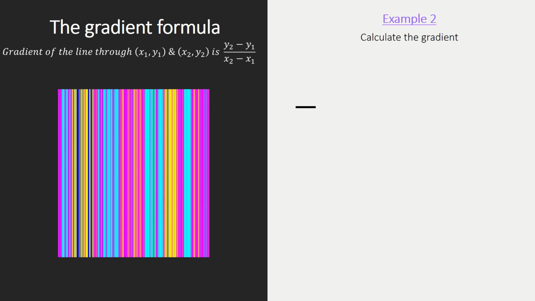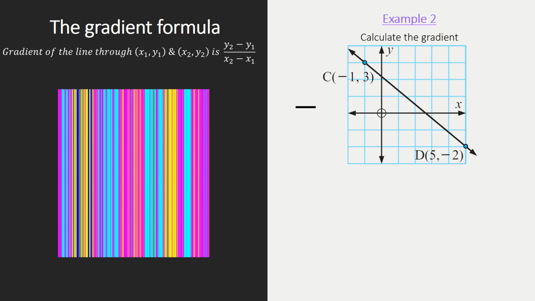Let's have a look at example 2. Calculate the gradient, and this time you get a picture. As you can see, we still have two points: point C and point D. We call point C x1 and y1, and for D, we call it x2 and y2. The gradient formula was y2 minus y1 divided by x2 minus x1.